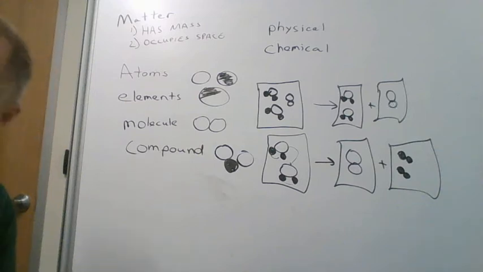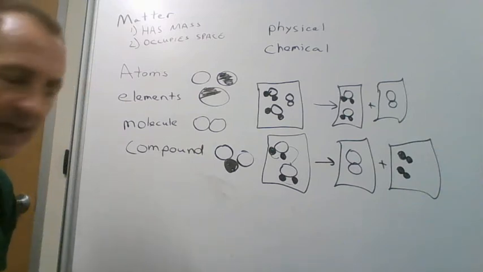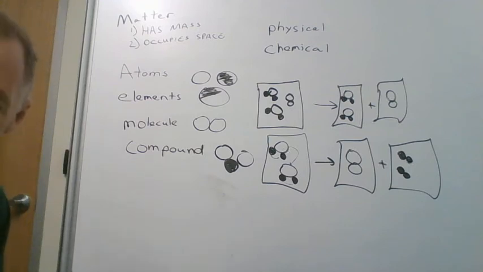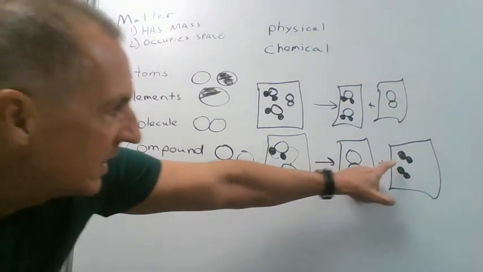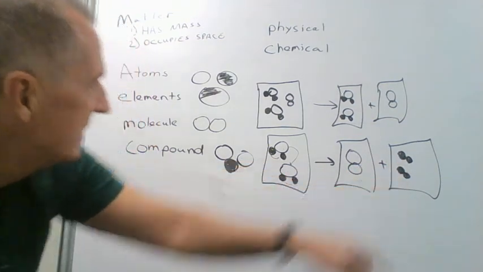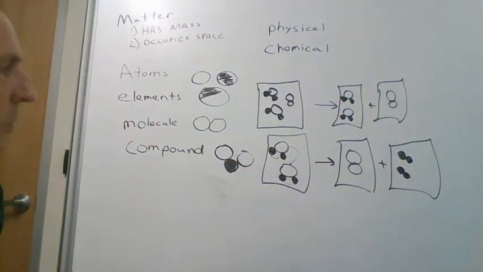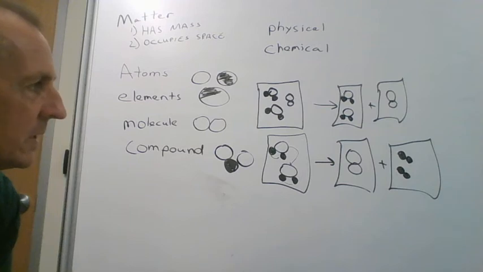Now these atoms can be either pure substances or mixtures. So if we have just a single type of compound or element, then what we have is a pure substance. So here we only have one type of molecule in there, one element, so that would be a pure substance.